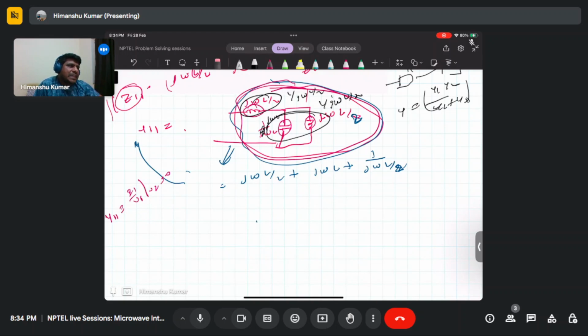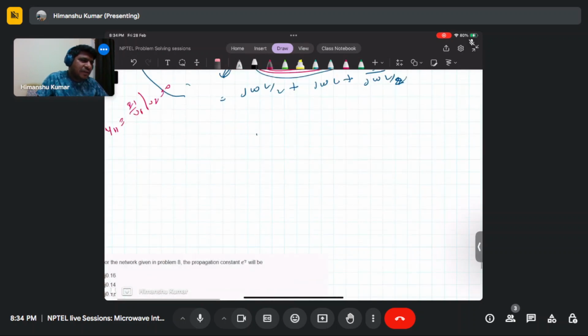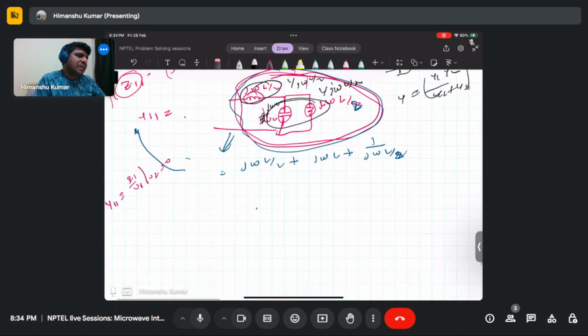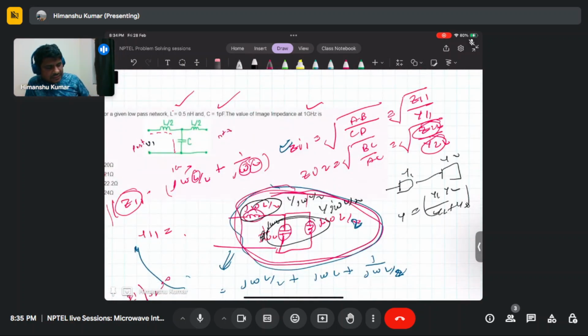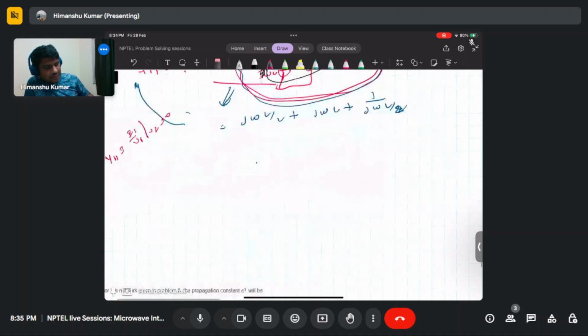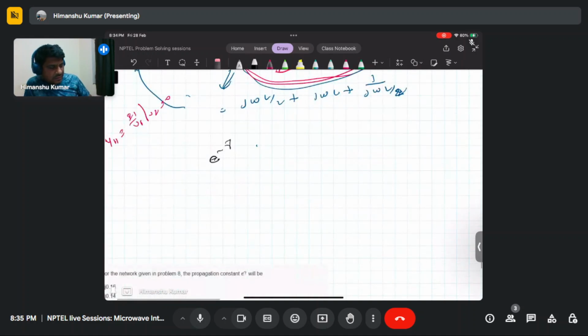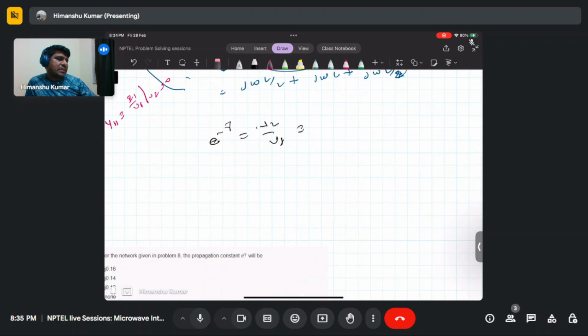So then you can also calculate the propagation constant, similar to the impedance line. The propagation constant is basically the ratio of V1, the voltage at this port, and V2, the voltage at the other port. So e to the minus gamma is equal to V2 by V1, which you can calculate in terms of d by a times square root of ad minus square root of bc.